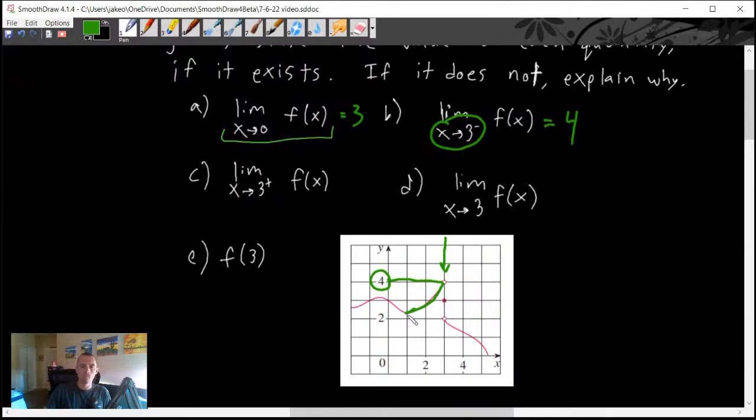Okay. Now, similarly, if we approach x equals 3 from the right side, like in part C, we're on our function somewhere over here, some x value greater than 3, and walking along our function to the left towards x equals 3. As we get closer and closer to x equals 3, what y value are we getting closer and closer to?